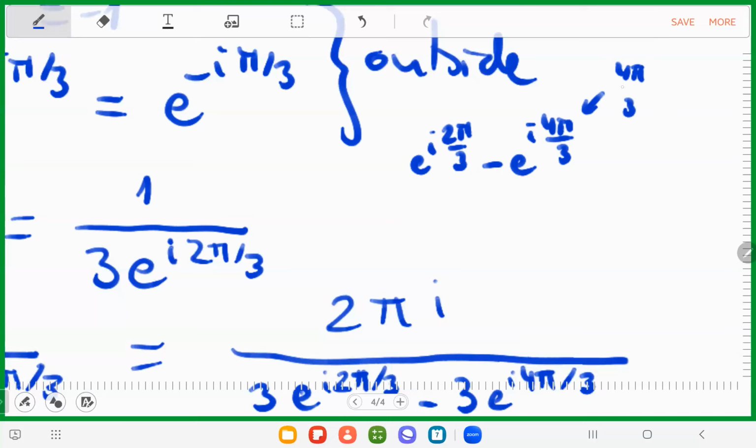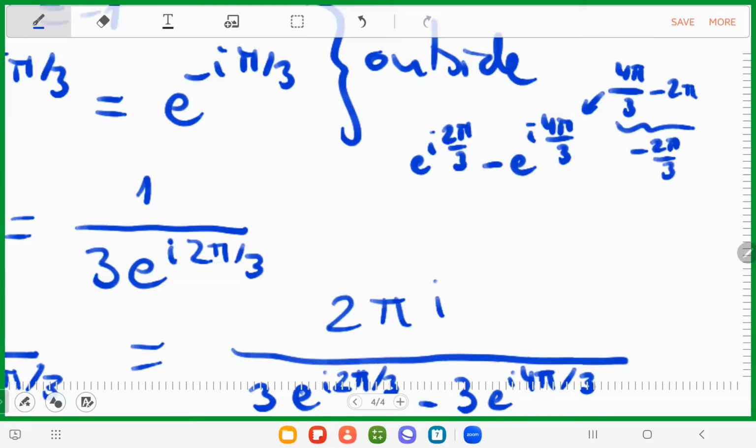So what happens if I say minus 2 pi here? 4 pi over 3 minus 2 pi, which is like 6 pi over 3, is minus 2 pi over 3, right? So this number is the same.